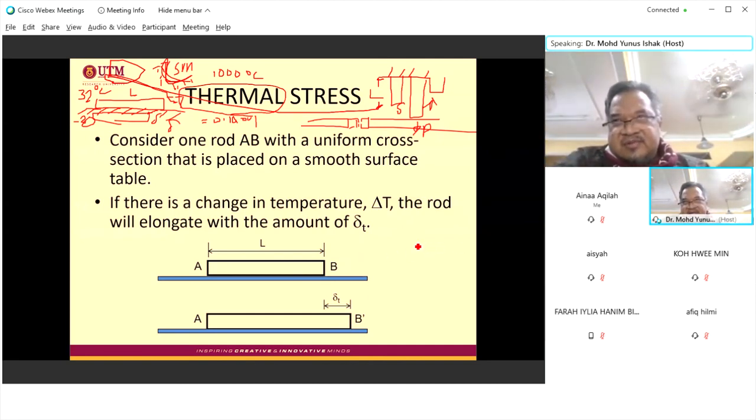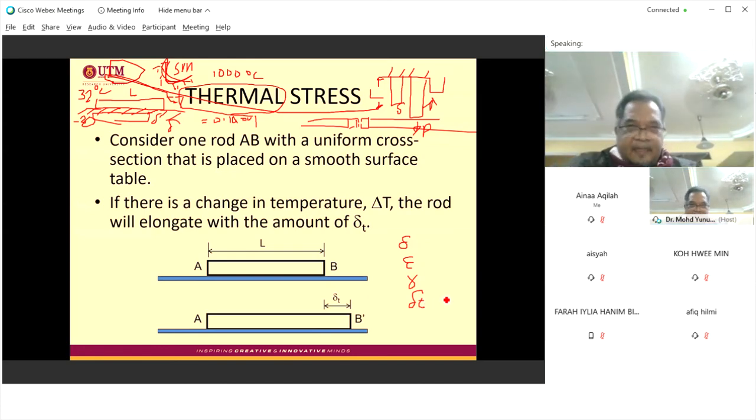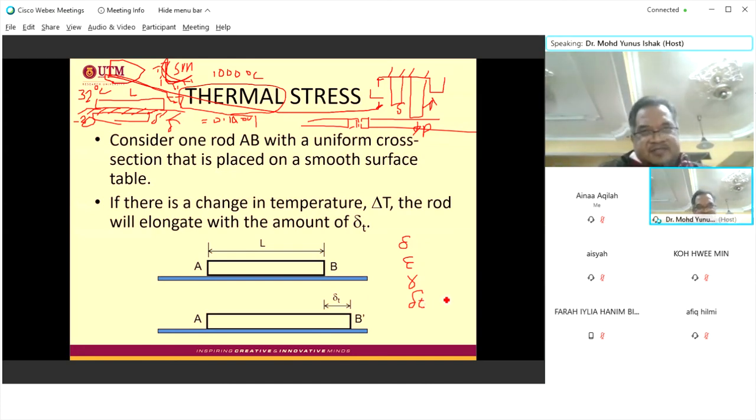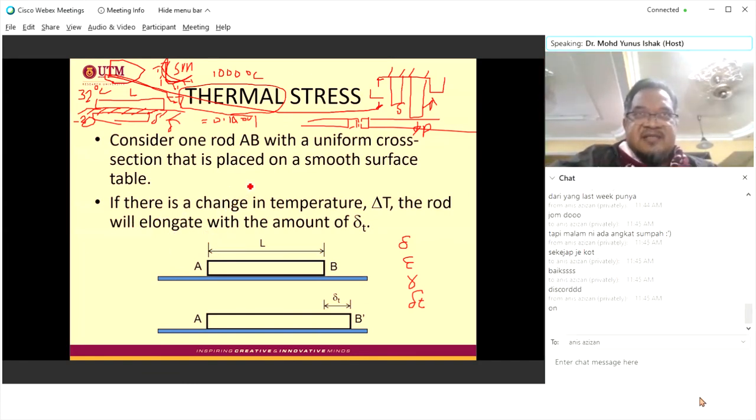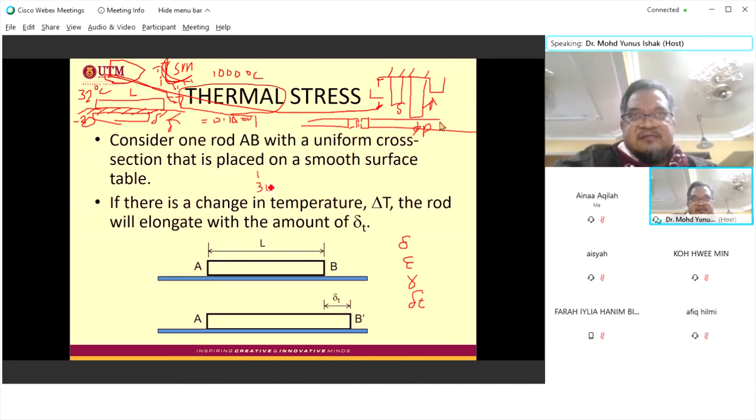Previously we have delta, epsilon, gamma, now there is delta T. So T stands for temperature. So what is delta T? Delta T is, so here is your current temperature.